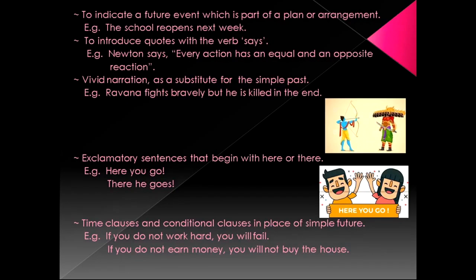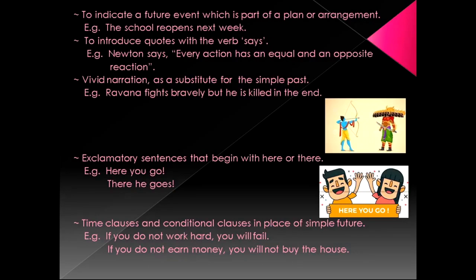Now, in the past, Ravana fights bravely, but he is killed in the end. You can see that the verb fights is in the present tense. It's not that he is fighting right now. The Ramayana took place long back, and when we are doing the narration, we can use the simple present tense to show the strong feeling.